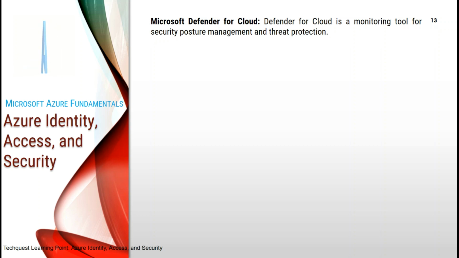Defender for Cloud provides the tools needed to harden your resources, track your security posture, protect against cyber attacks, and streamline security management. Deployment of Defender for Cloud is easy. It's already natively integrated to Azure.